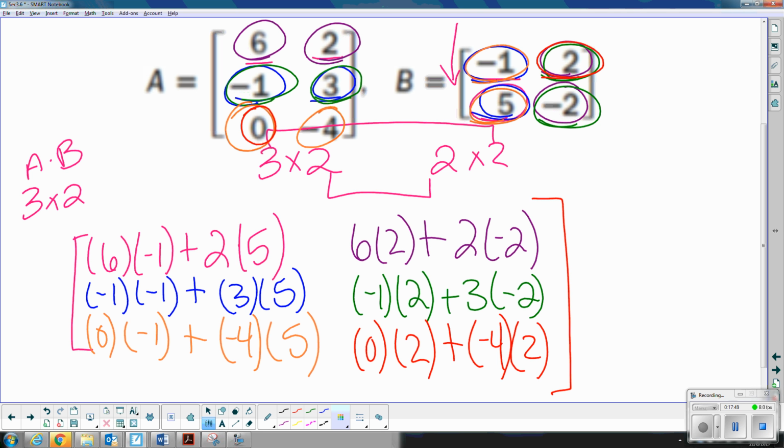And of course, now we can simplify this to see our matrix. So if you look at these values in our matrix, just so you can see some patterns, this -1 in our first column of our product matrix is our first column of B, and then the rows correspond to the rows for A. 6, -1, 0.